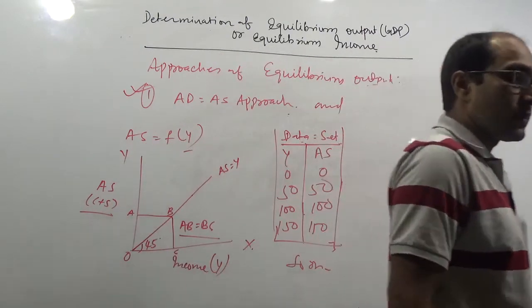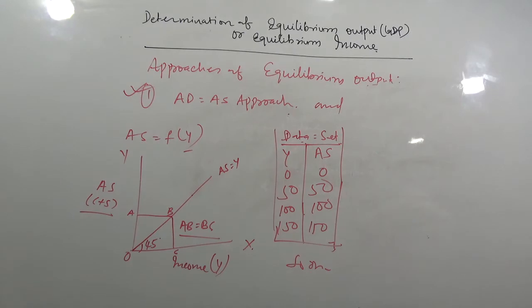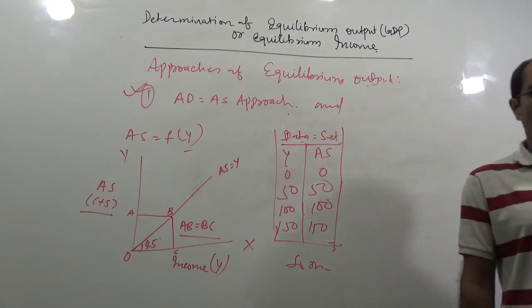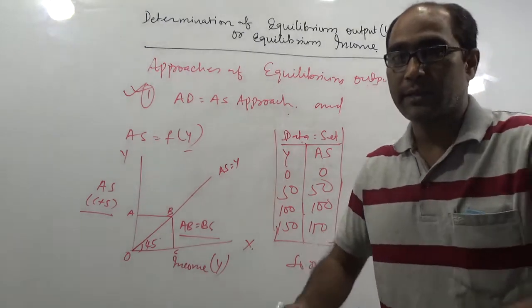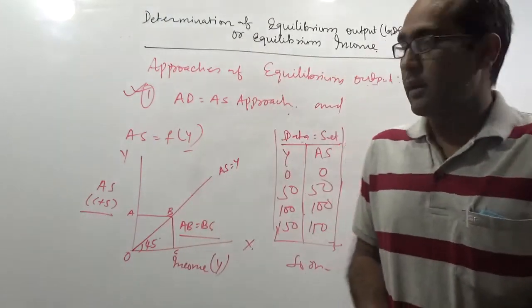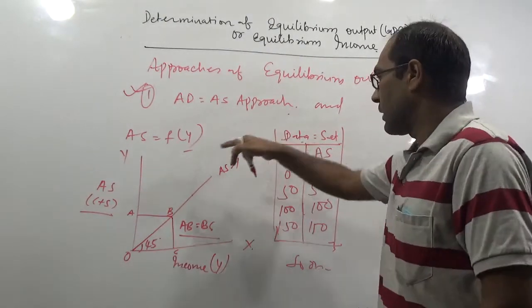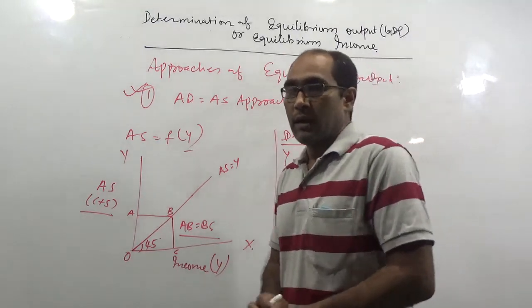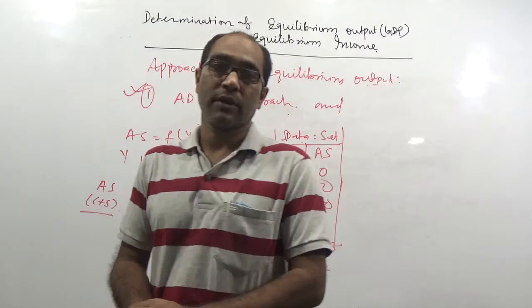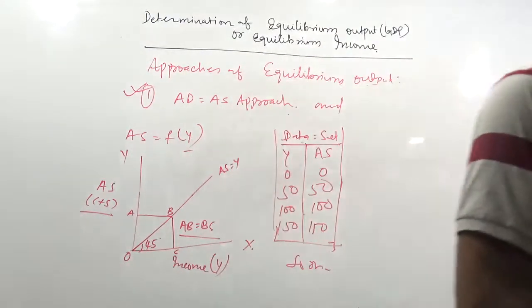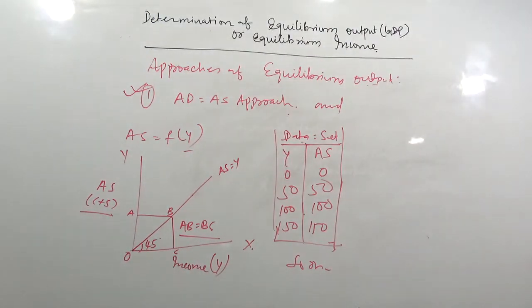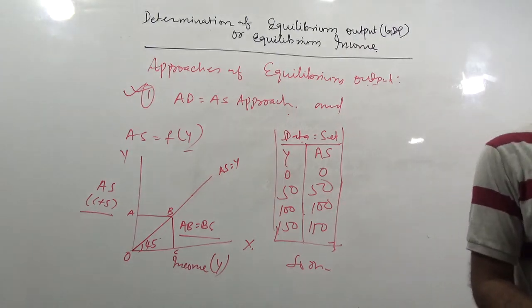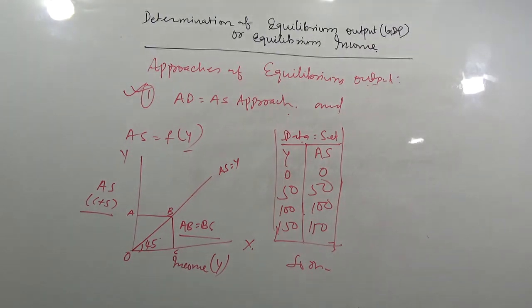So you have to keep the same value for both the components AS and Y. After plotting the values on the diagram, you will get an upward sloping straight line curve passing through the origin and constituting 45 degrees at the point of origin.